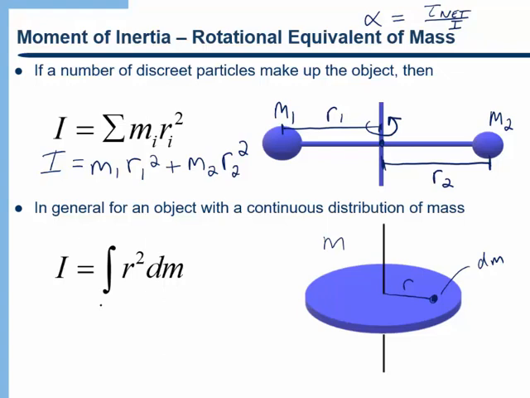So what an integral in this case represents is break the object into a bunch of infinitesimally small pieces and then add up the effect of all of them. In Calc 2, you'll do problems just like this. But for right now, I'm going to give you some results in a minute so you'll be able to see what these moments of inertia look like.